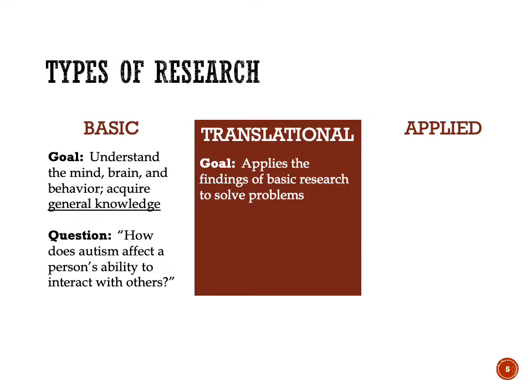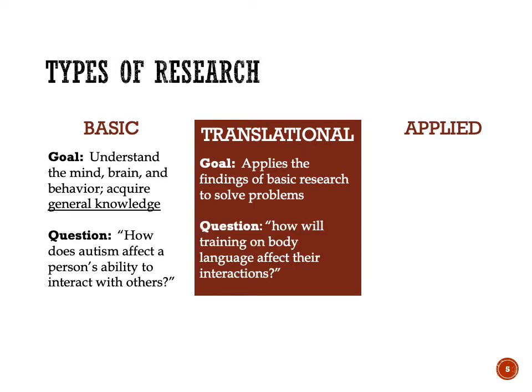If you were to conduct translational research, you might think about how an intervention or training people with autism on body language, teaching them about that, might affect their interactions. Your research would be focused on developing that sort of training or understanding what that intervention might entail.